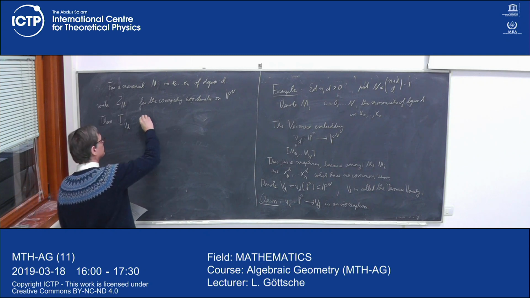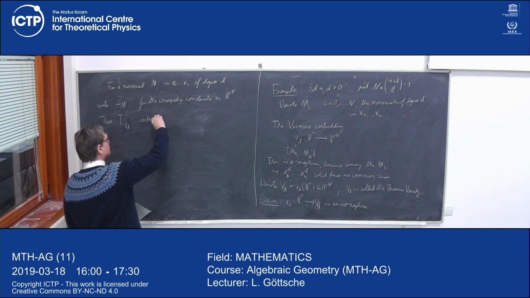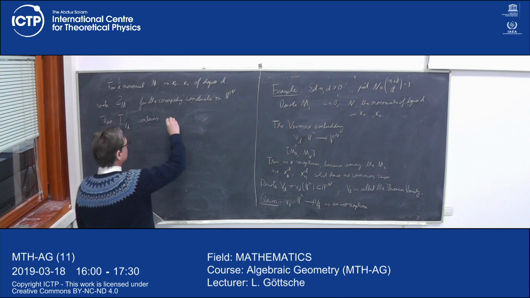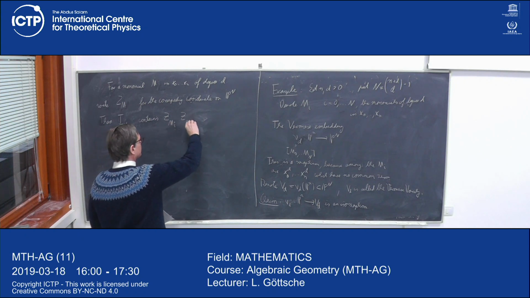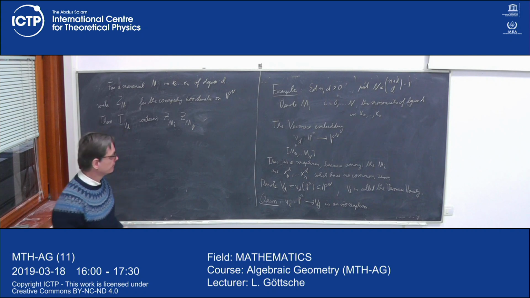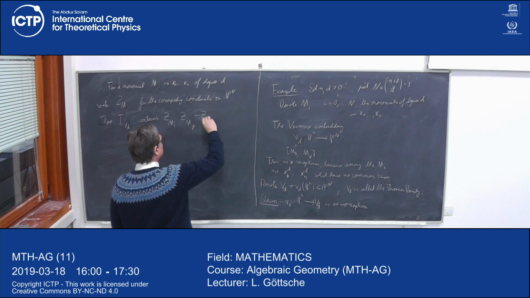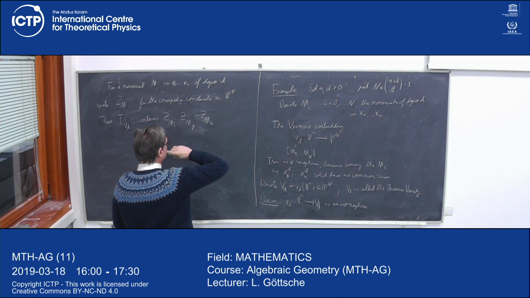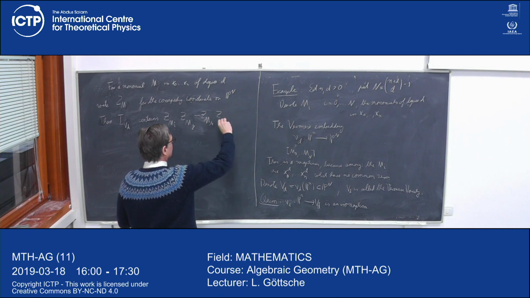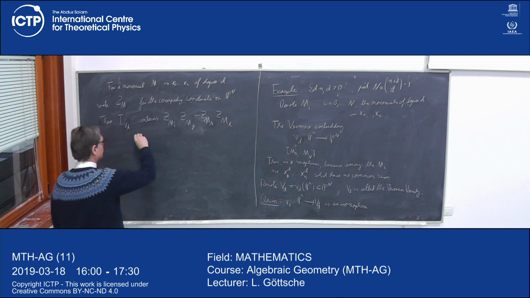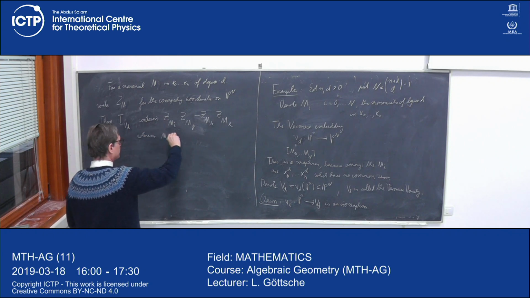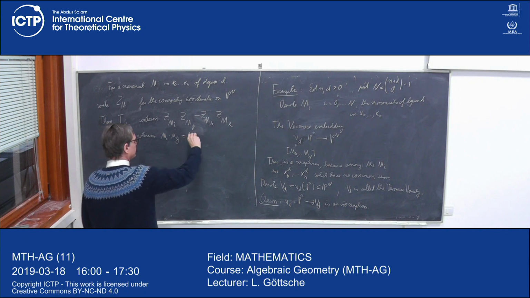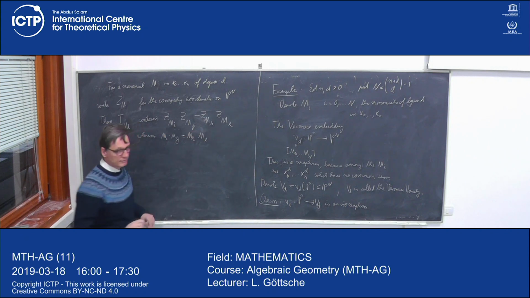This contains, say, Z M I times Z M J minus Z M K times Z M L whenever M I times M J equals M K times M L.